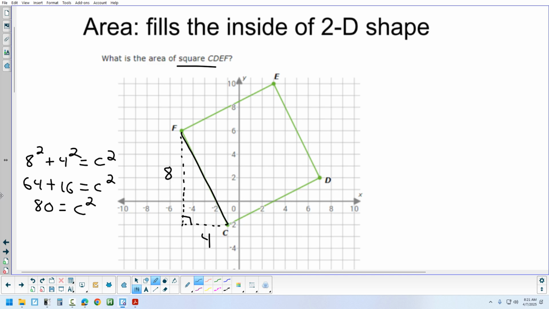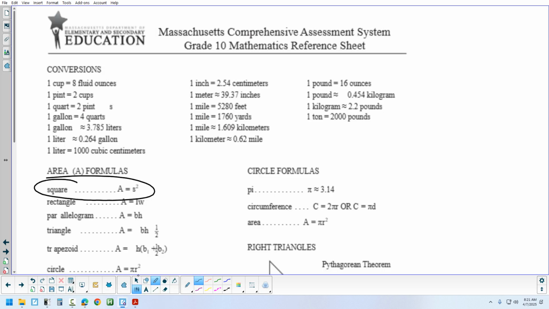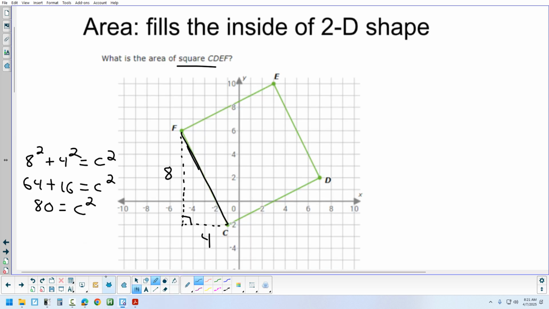Because we want to know what is the side squared. That's the formula for the area. You don't actually need to know the side. You need the side to the second power to get the area. And that's what you have right there. That's the side to the second power. So you get an answer of 80. Okay, so area is 80.